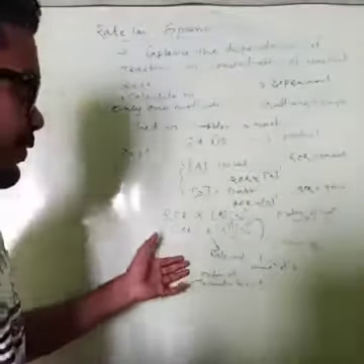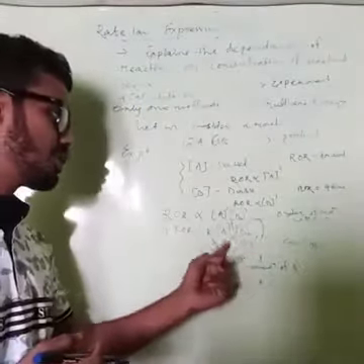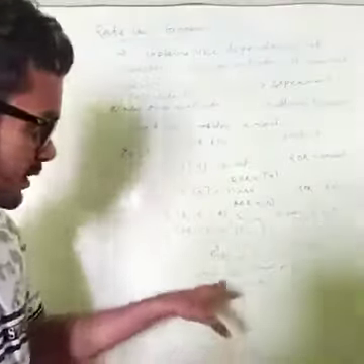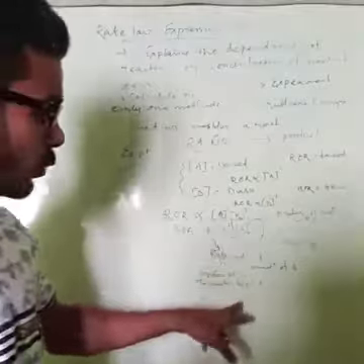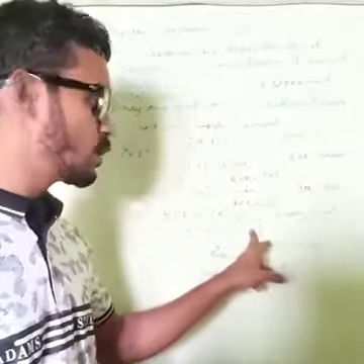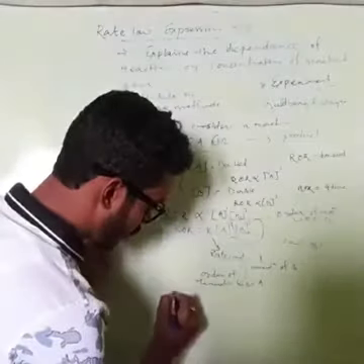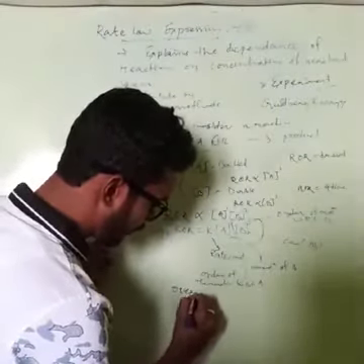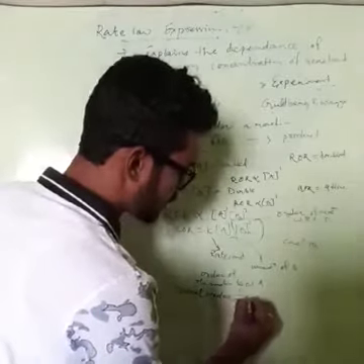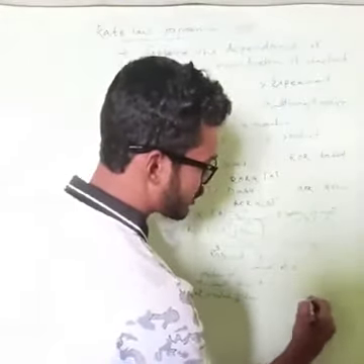Understood? So the rate law is the product of the concentrations of A and B for this reaction to the power 1 and 2. And what are these? 1 and 2 are nothing but the order of the reaction with respect to A, and this with respect to B. So the overall order of the reaction is 1 plus 2, that is 3.